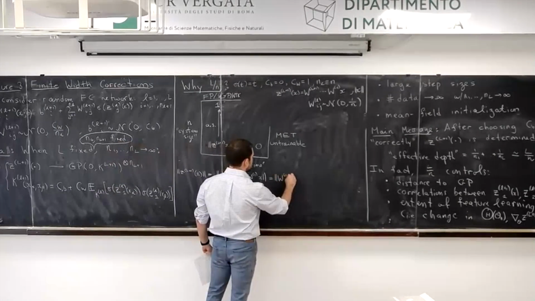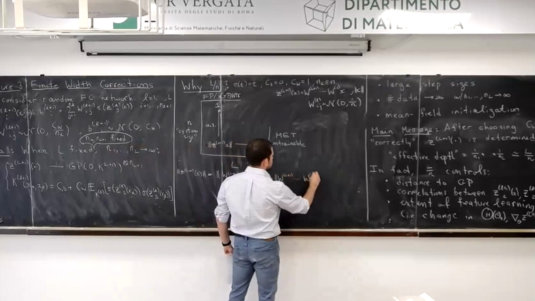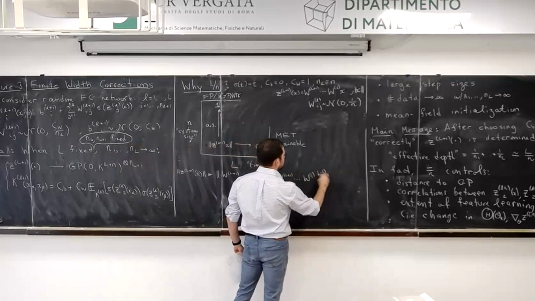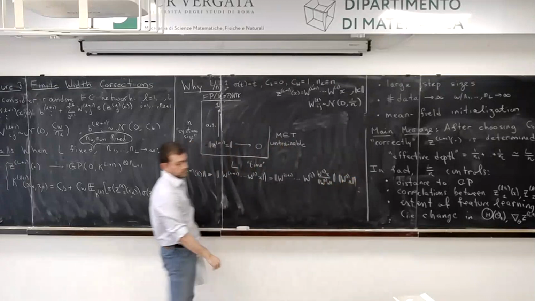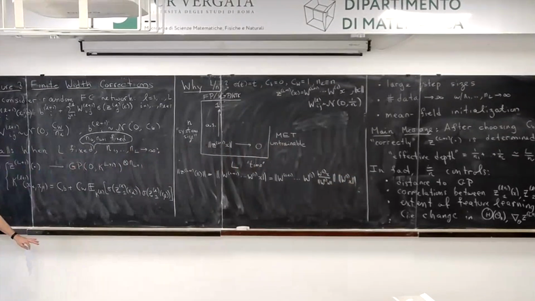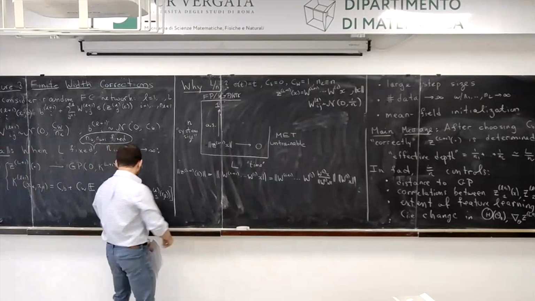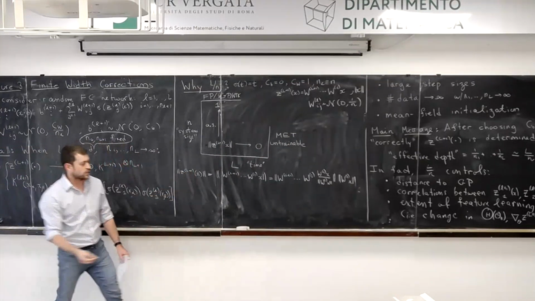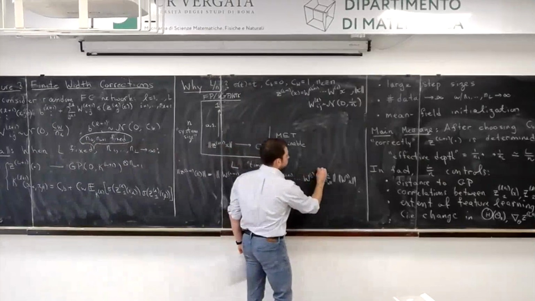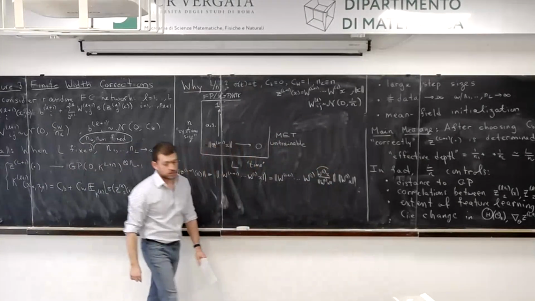So the first step is like this. What you do is you just multiply and divide by the norm of the first term. So far that was a legitimate move. Now what's the point? The point is that the matrices W are IID Gaussian, right? So this thing here is a uniform unit vector on the sphere.